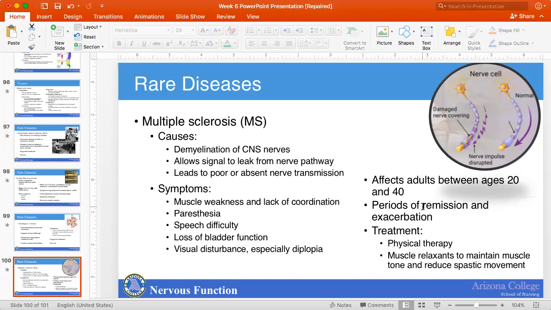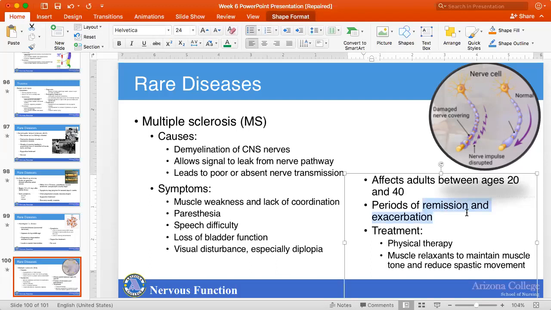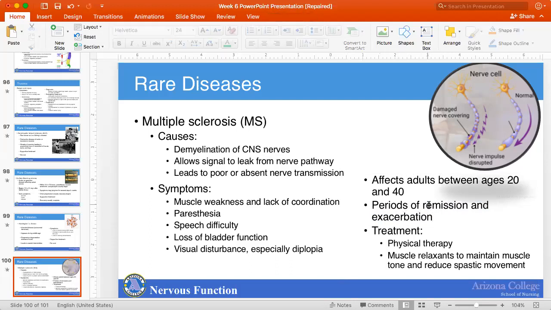There are periods of remission and exacerbation, and there are different types of MS. With some types, there are times where it gets better for a little while and then gets worse again. There's also primary progressive, in which there aren't periods of remission. It's just a slow decline in function.